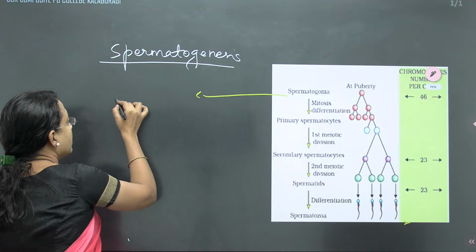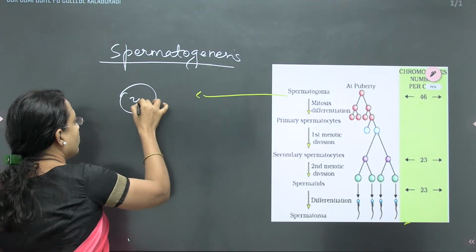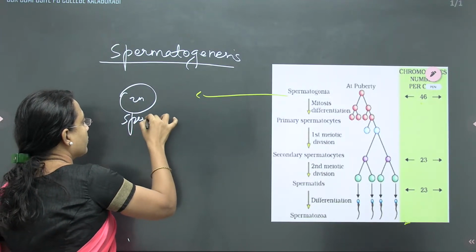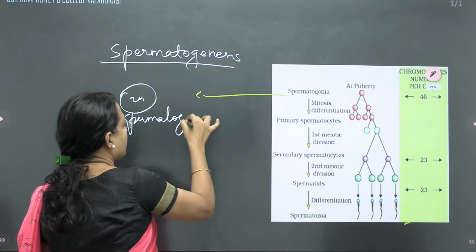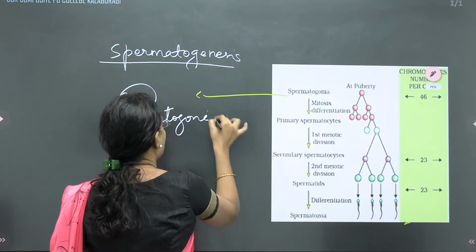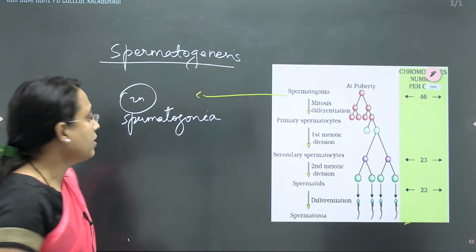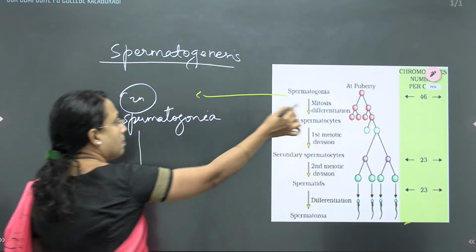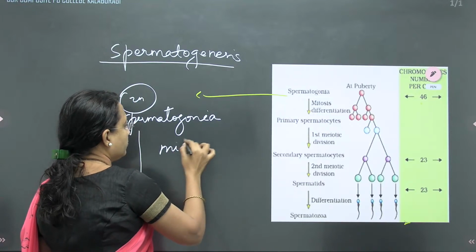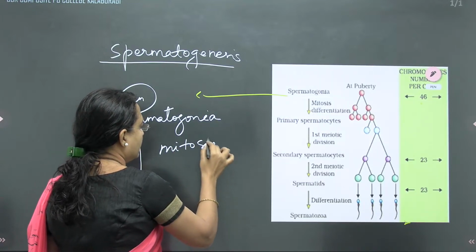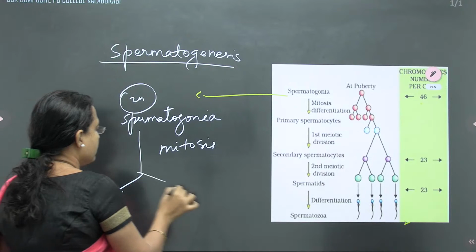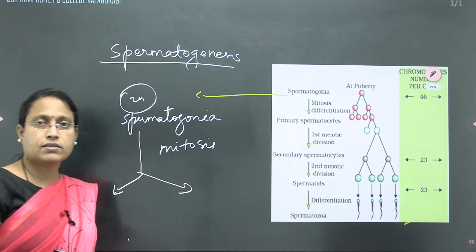Let me say this is a diploid spermatogonia, and it is undergoing mitosis and therefore forms two daughter cells.